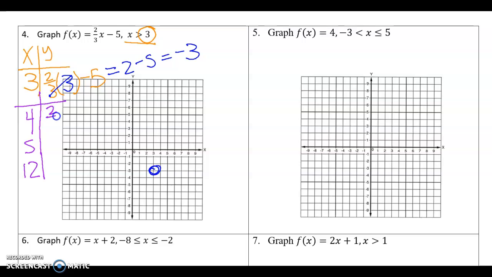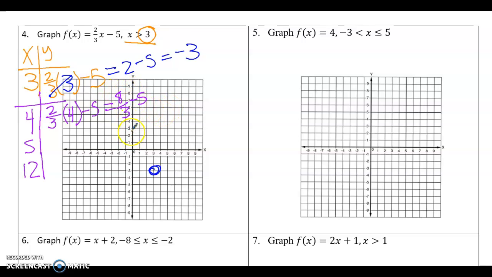So I have 2/3 times 4 minus 5. Okay? So I know that 2/3 times 4, I could do 2 times 4 divided by 3, so that's 8/3 minus 5.